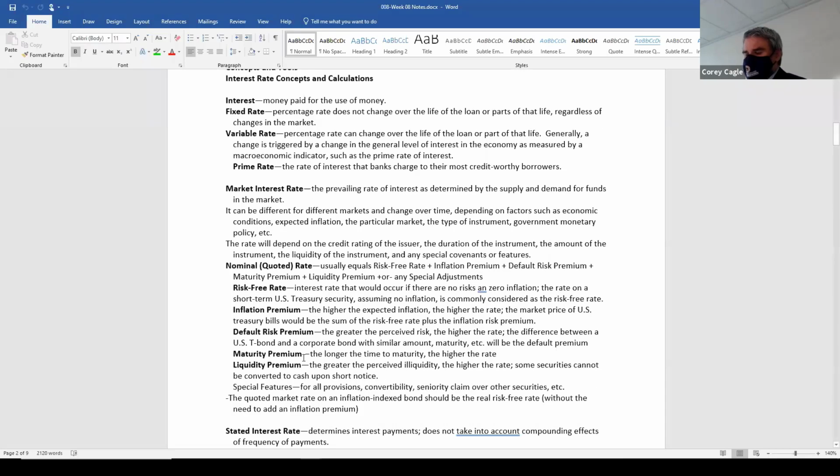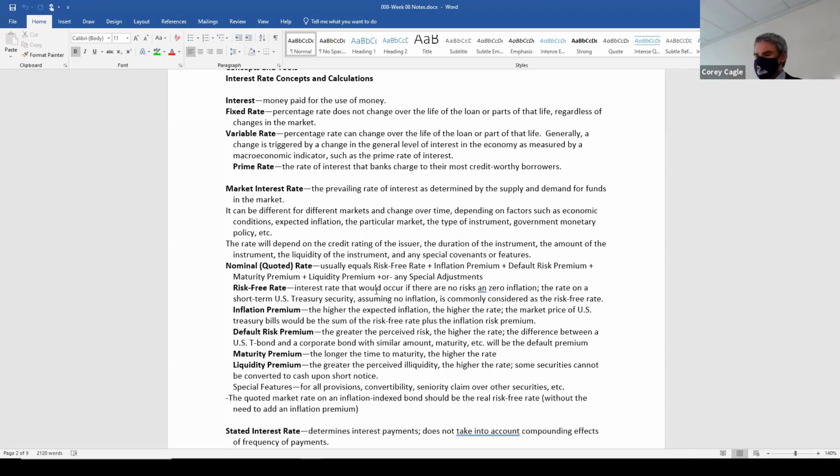The nominal rate or the quoted rate, they gave us all this mess that it equals. I wouldn't memorize the formula for this, but just kind of understand in general, these are the things that make up a rate that's quoted. They're going to consider things like, first of all, starting with just a risk-free rate, and then going from there, adding an inflation premium, adding a default risk premium, adding a maturity premium, adding a liquidity premium, adding or subtracting any other adjustments.